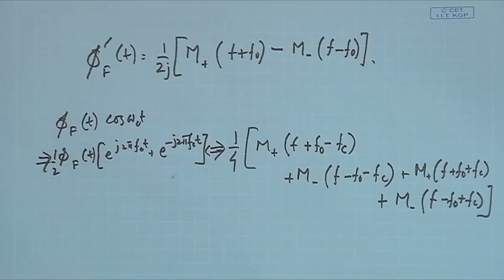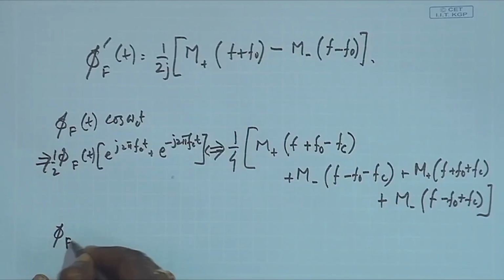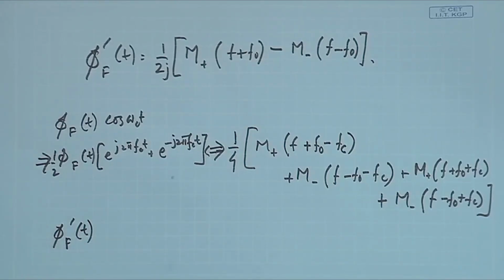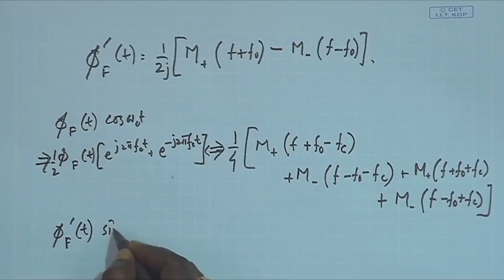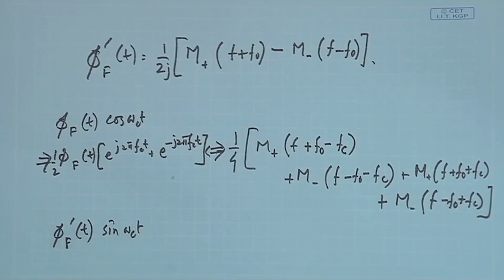In the second term, we have that phi f dash t already, that needs to be multiplied by sin omega c t. Again do the same thing. Okay, sin you can put as 1 by 2 j e to the power plus j 2 pi f c t minus e to the power minus j 2 pi f c t.